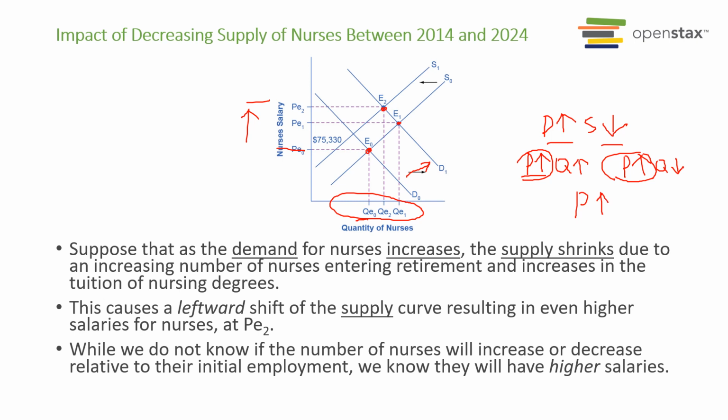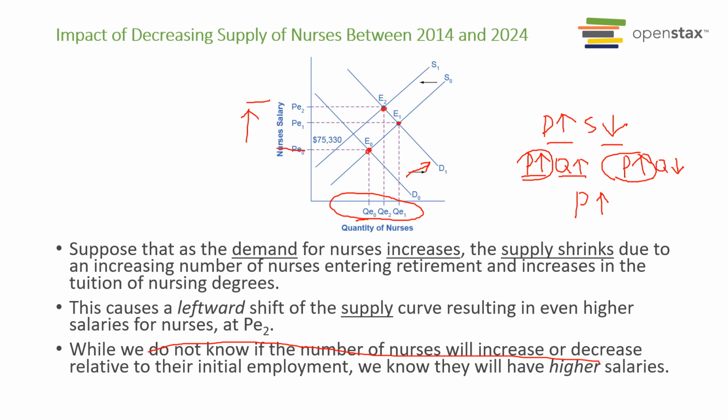But the change in quantity is actually uncertain. Notice here it says we do not know if the number of nurses will increase or decrease. That's because one factor, demand, is causing the quantity to go up, and the other, supply, is causing the quantity to go down. So when you combine them together, one goes up, one goes down.